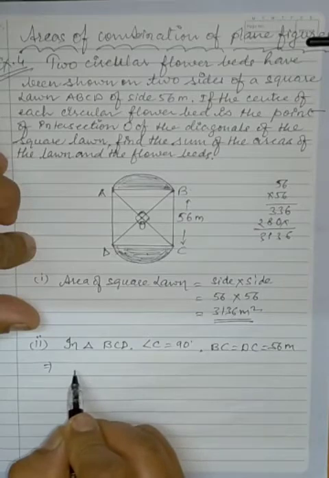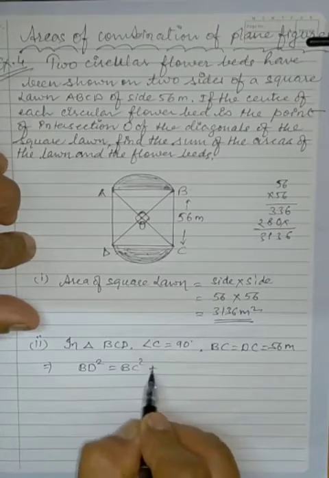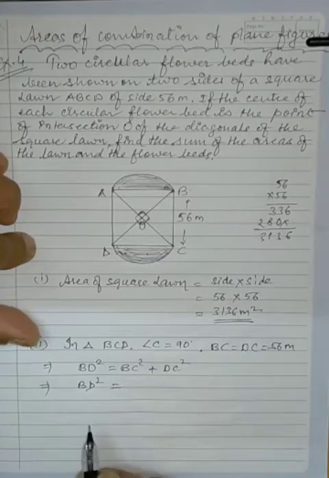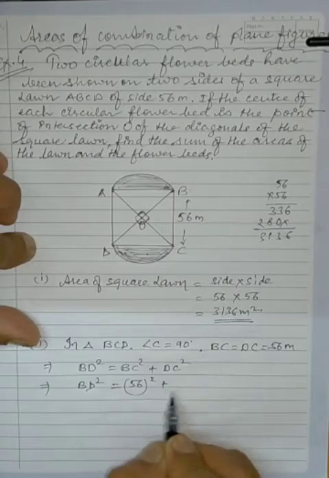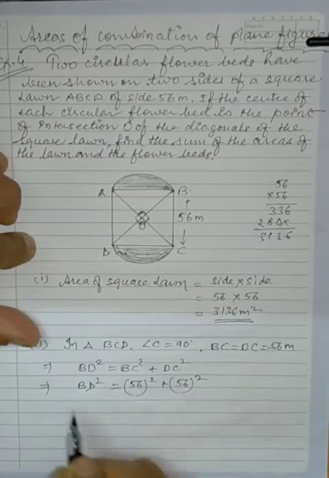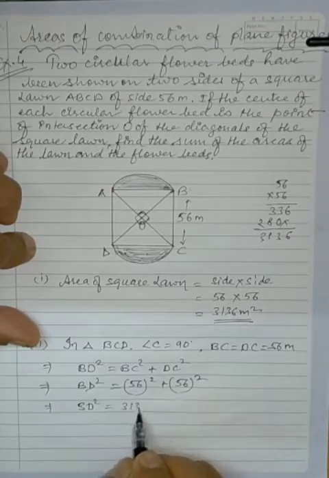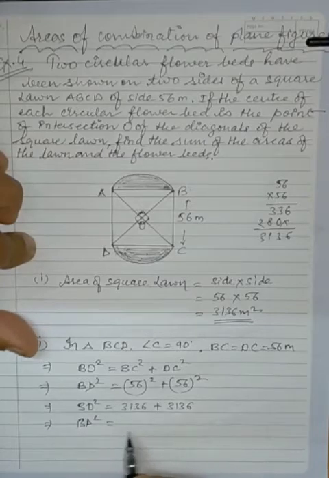Therefore, by applying Pythagoras theorem, BD square is equal to BC square plus DC square. Therefore, BD square is equal to 56 square plus 56 square, which is 3136 plus 3136, that is 2 times 3136 instead of adding them.